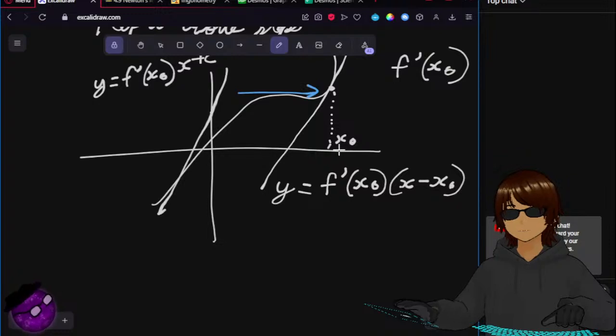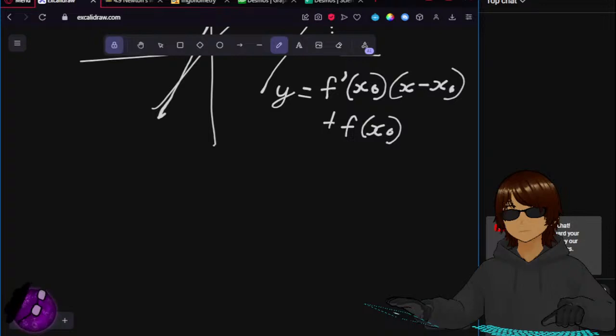We shift it this many times. And before it was plus c, now it's plus f(x0). Now this is the intercept. Since we have this tangent line, we can set y = 0 and find this x value. And this would be our next guess.